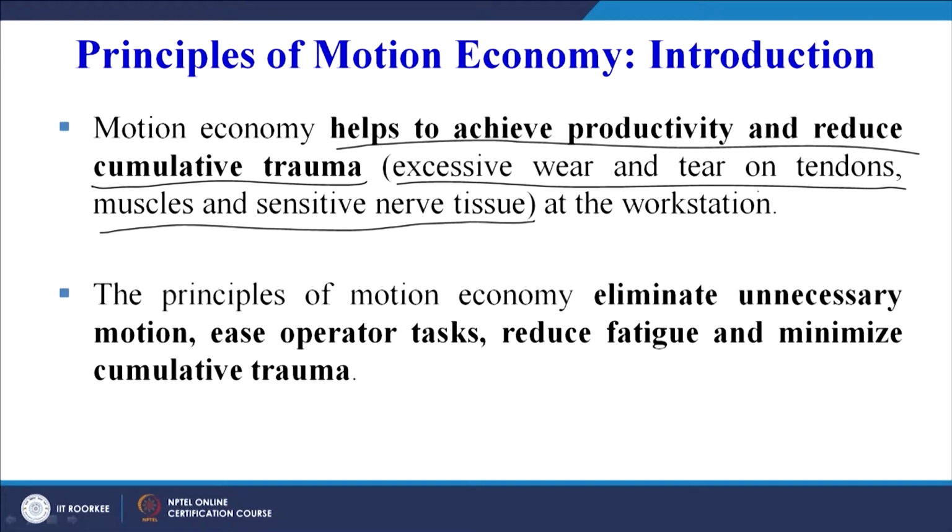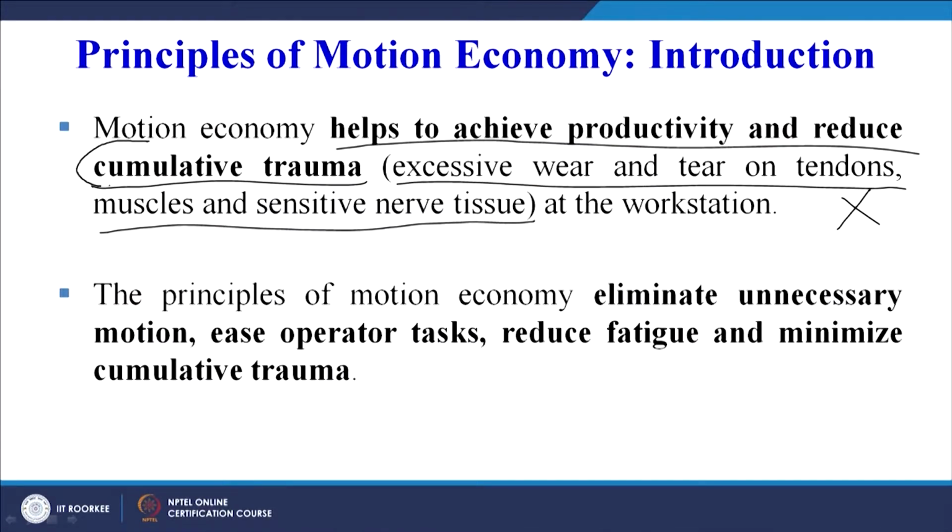If we follow these principles, the cumulative trauma experienced by the worker doing a repetitive task again and again can be minimized. So motion economy helps to achieve productivity and reduce the cumulative trauma that results from the repetitive work being done by the worker on the shop floor.